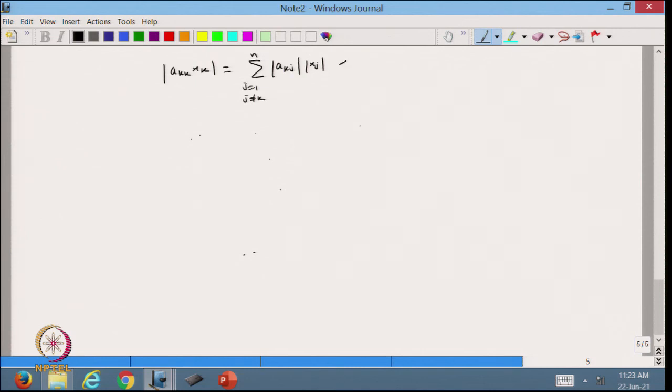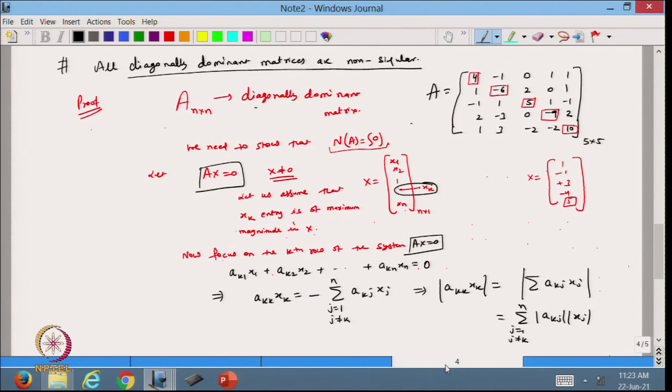This can be bounded by summation of |a_kj| times |x_k|, because we have chosen that my x_k is of magnitude larger than any of the components.